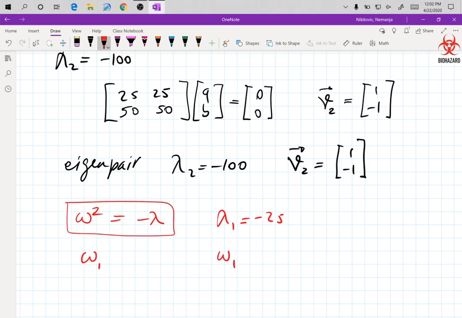So I'm getting that omega 1 squared is positive 25, from where omega is 5. So that's something that it's important for you to know. And now you can write the x1 solution.